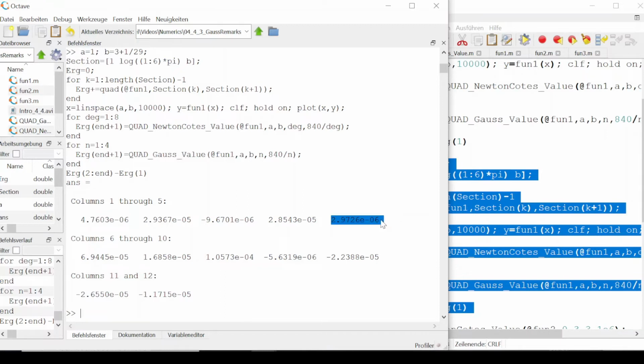No, this one is a little better. But apart from that, which is degree 2, 3, 4, degree 5, it's the best of the Newton-Cotes formulas. And how does Gauss quadrature compete? It's not better, not better, not better, and not better. So for functions with kinks, the trapezoidal rule is more or less the best integration method.